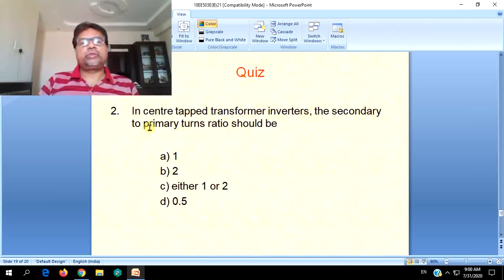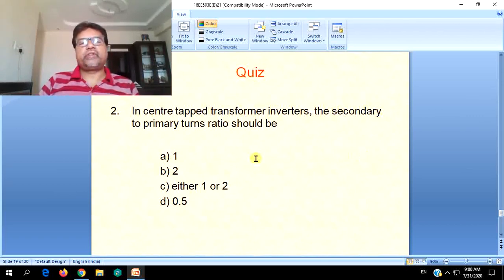the secondary to primary turns ratio should be: 1, 2, or 0.5? It should be 0.5. It should be a step down transformer where 2 VDC will be available across the primary, but the secondary, that is the load, will be getting only VDC.